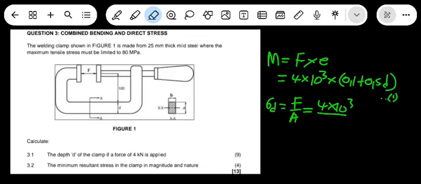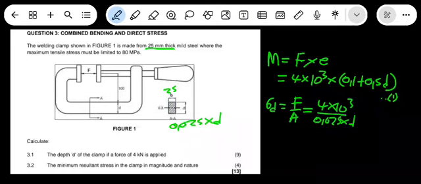The thickness is 25 millimeter, which is 0.025, multiplied by our depth d. So the area is 0.025 times d. This is our direct stress.